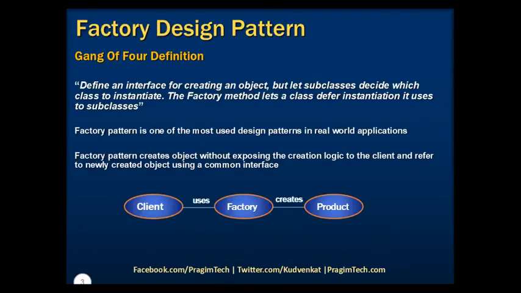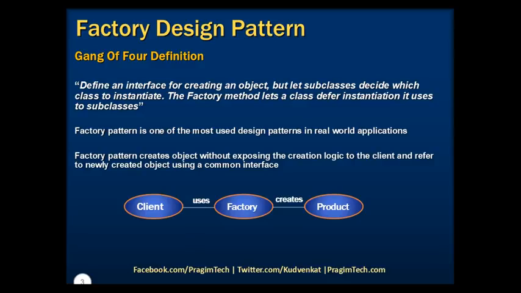Now let's understand what is factory design pattern. As mentioned in the first part of the tutorial, factory method pattern belongs to creational type patterns. Factory pattern is one of the most used design patterns in real-world applications.